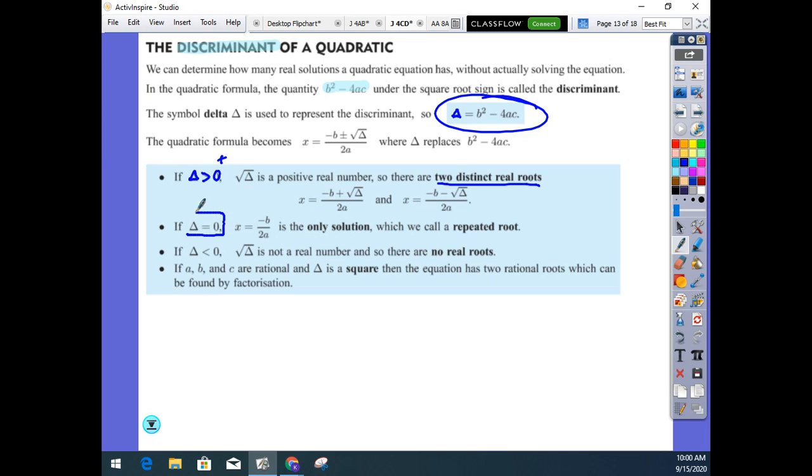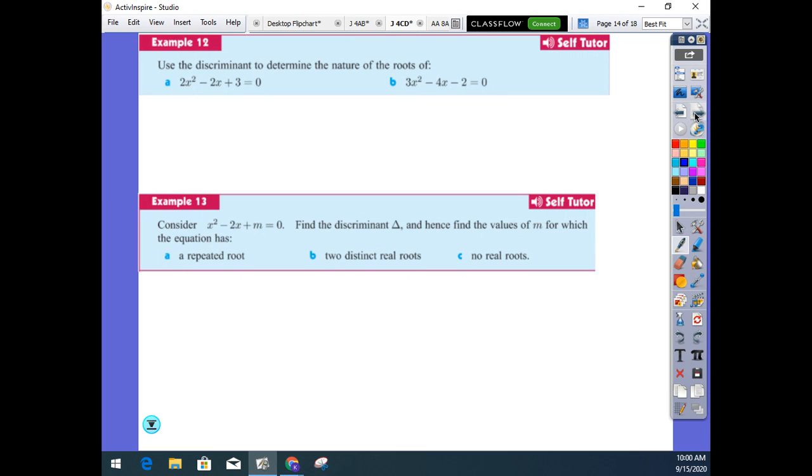If the number under the radical equals 0, there's only one solution. They call it a repeated root. I also call it a double root. And if the number under the square root is negative, less than 0, there are no real roots. So this just kind of summarizes your final answers.